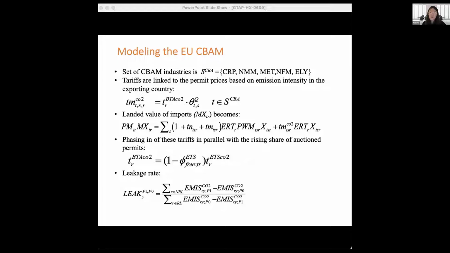So in that scenario, we will also consider a full border adjustment with both tariff and export rebates. And these rebates are set equal to the effective carbon tax paid on producing the exported good.